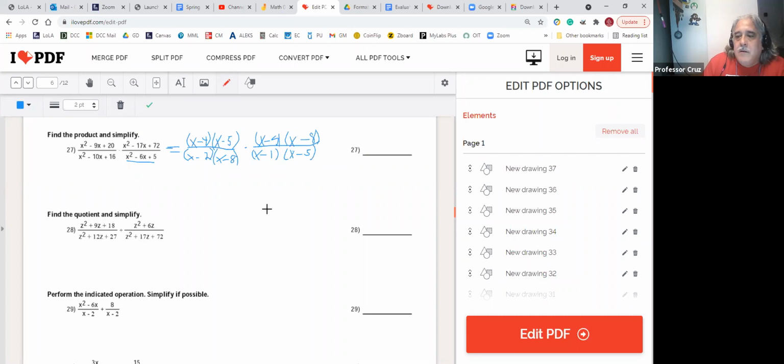All right. So now we can just take out any that are alike. So x minus 8, x minus 8, x minus 5, x minus 5. And like I said, this one's a little bit different than some of the other ones because usually you would just have one pair left over, but this is going to give you 4 of them that are going to stay there.